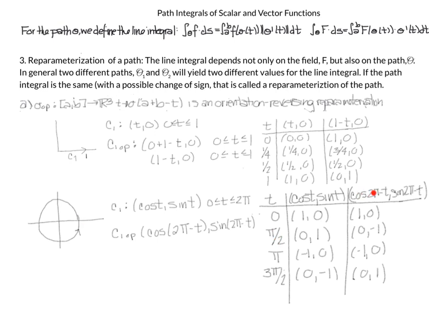Cosine of 2 pi minus pi over 2 is cosine of 3/2 pi, which gives us 0 for cosine, and for sine at 3/2 pi, we get negative 1. Then cosine at 2 pi minus pi, that's cosine at pi, which is here, gives us negative 1 for cosine and 0 for sine. And then finally 3 pi over 2 gives us this point here, 0, 1.